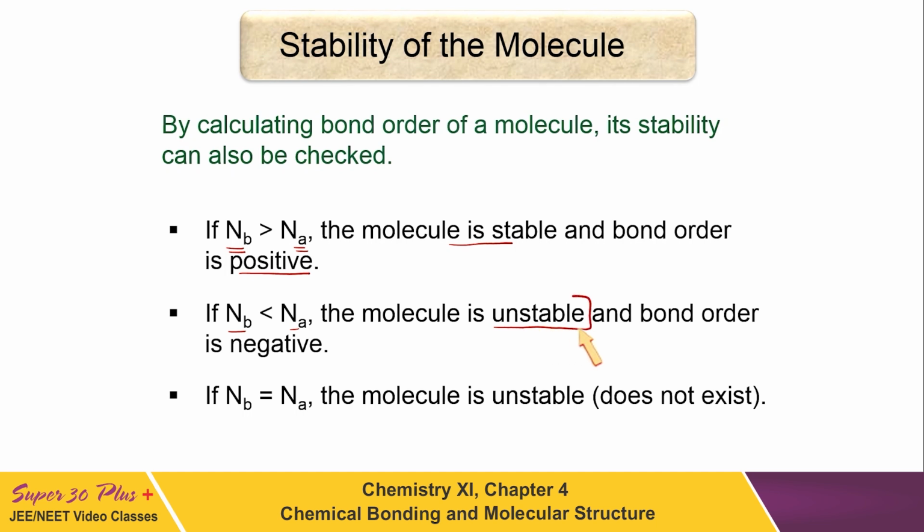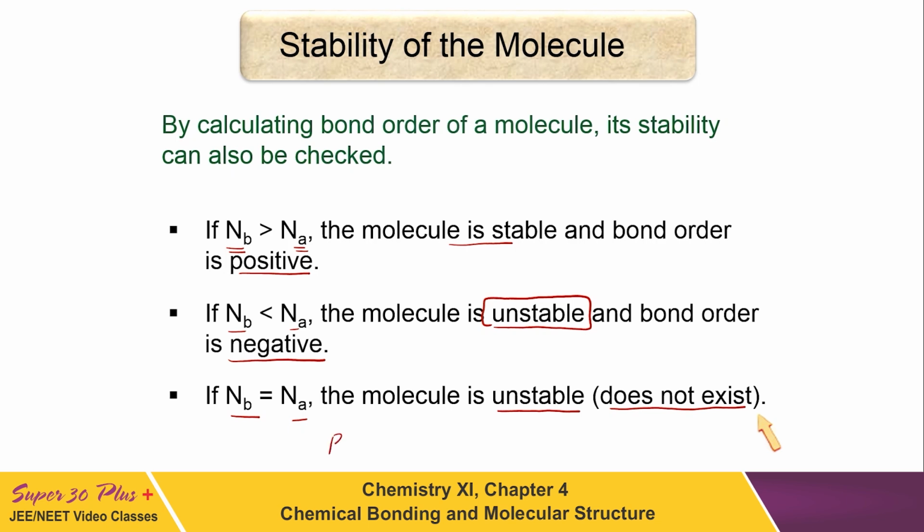Why is it unstable? Because in this case the bond order will be negative. But if the number of electrons in BMO is equal to the number of electrons in ABMO, then the bond order will be 0. In this case also the molecule is unstable. You can say that it does not exist.